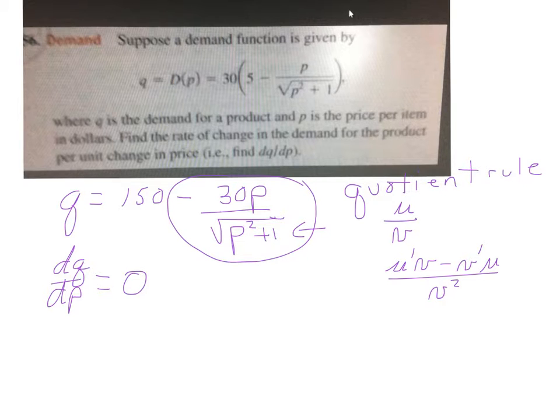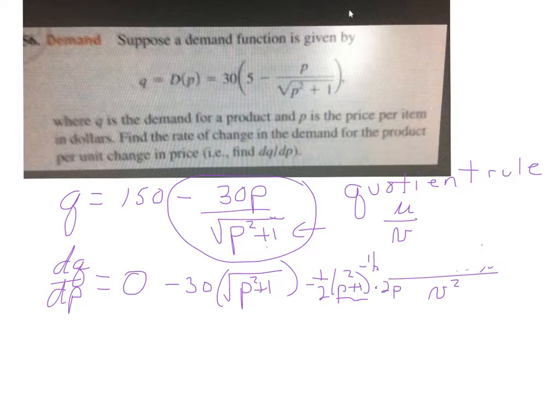So in this case, our derivative would be minus 30 times the square root of p squared plus 1, and then we would be minusing the derivative of the square root, so we would minus 1/2 times p squared plus 1 to the minus 1/2 times 2p for the chain rule from inside the bracket. And then we're going to have to multiply that by 30p because that's our u function.